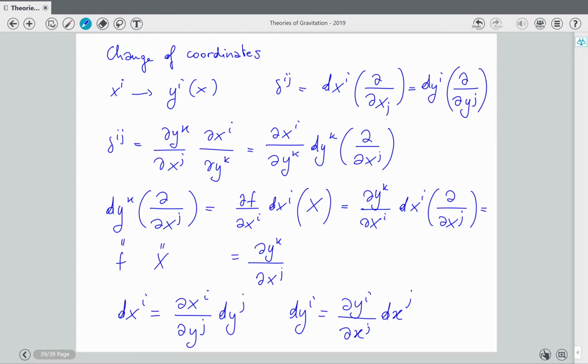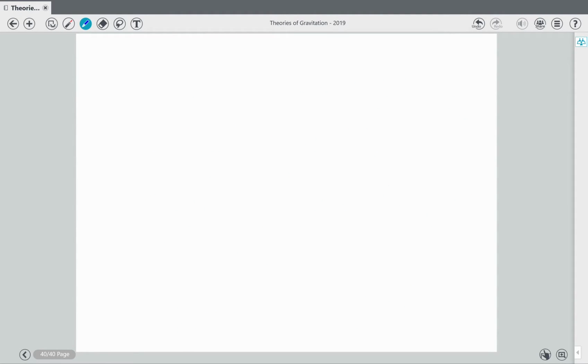So this tells you how to make a change of coordinates on differentials, and therefore define some objects that now we will define on the manifold. So, cotangent bundle.